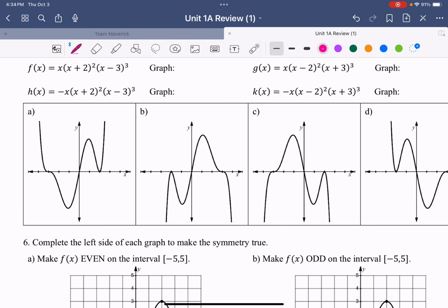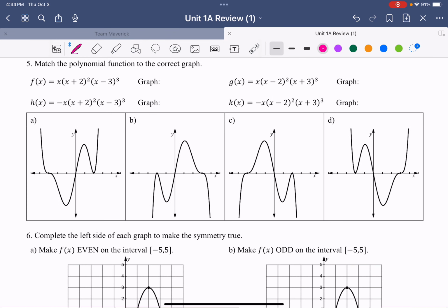I'm going to look at what my zeros are here and what I have. So this one I know is a bounce, so I would have an even multiplicity. All of my answers up there are just squared. So this would be x minus 2 squared.